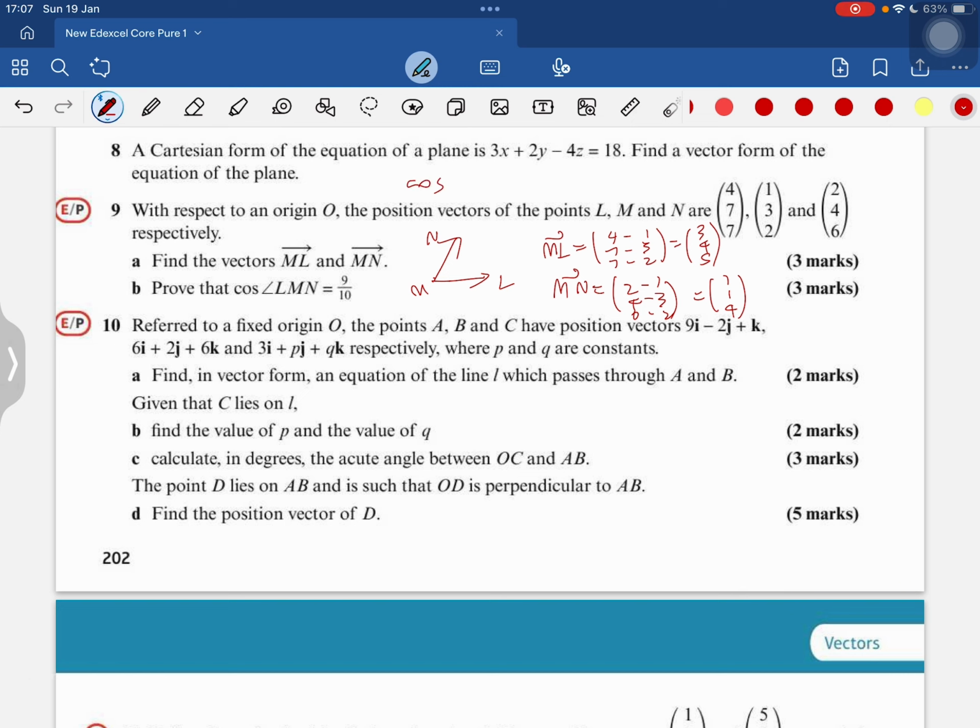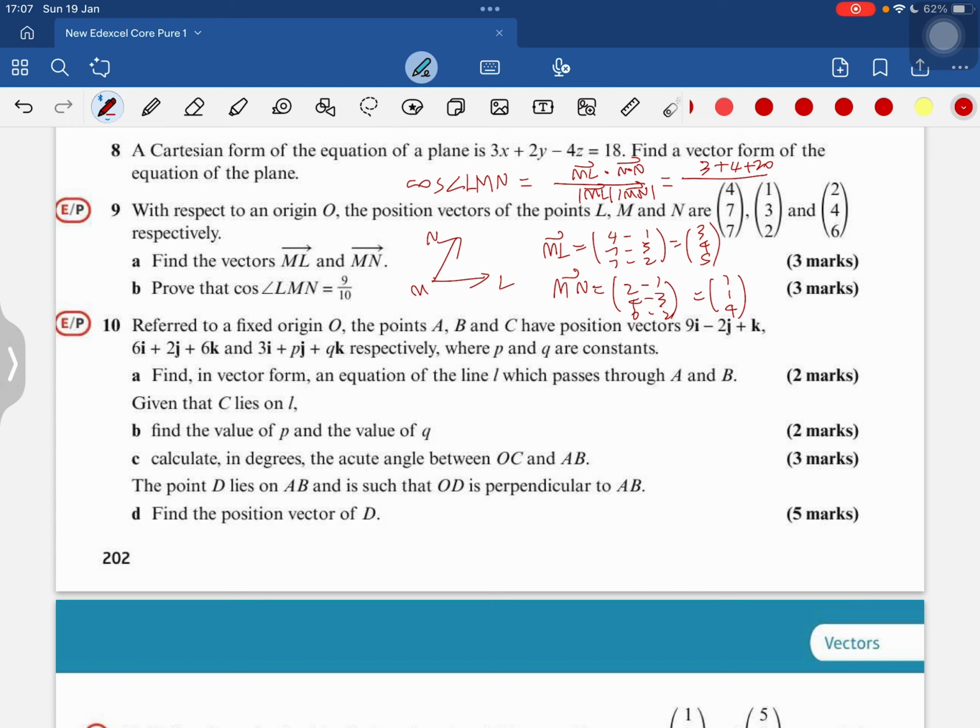So cos LMN becomes ML dot MN over ML magnitude times MN magnitude. So the dot product is 3 times 1, 4 times 1, 5 times 4, which is 27.